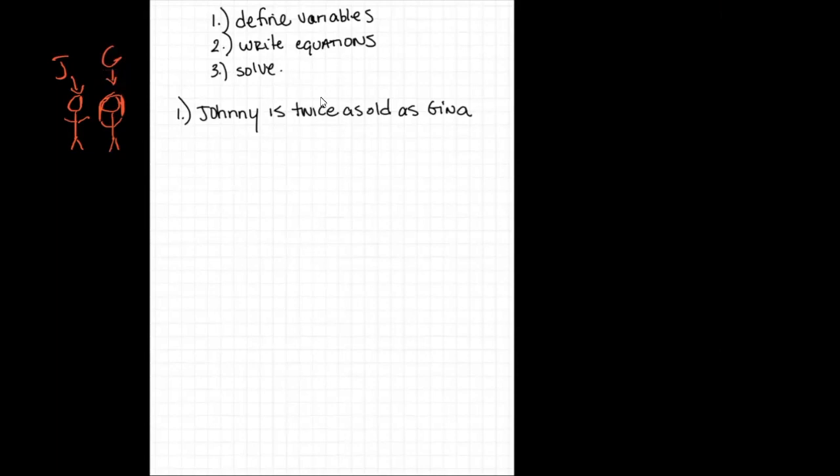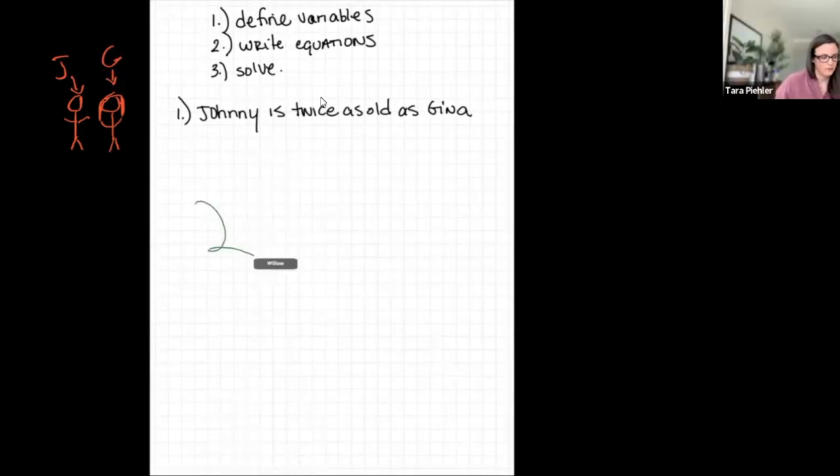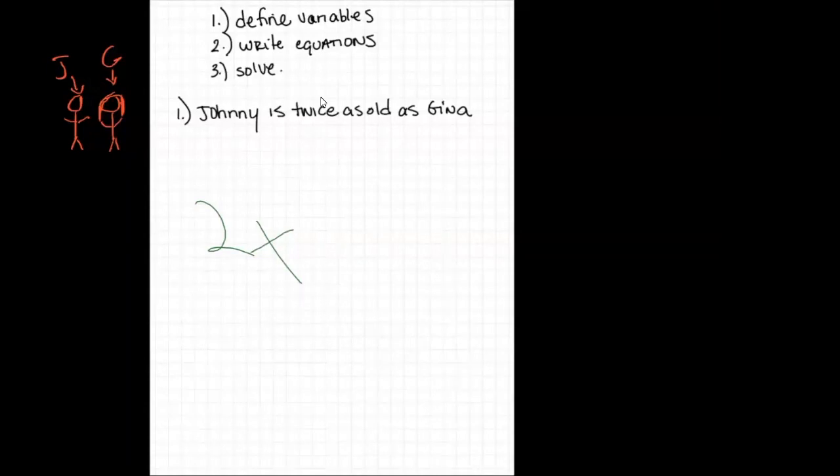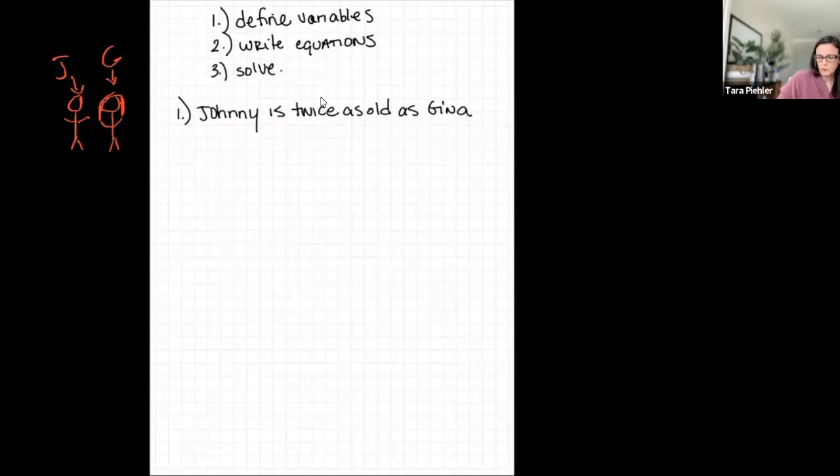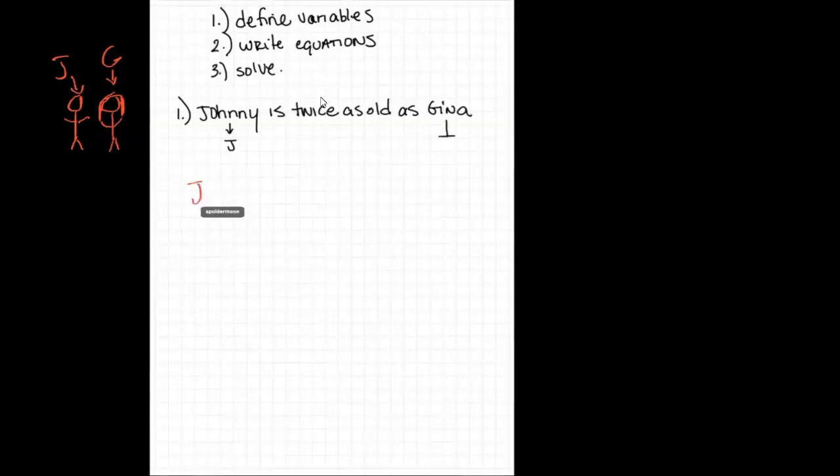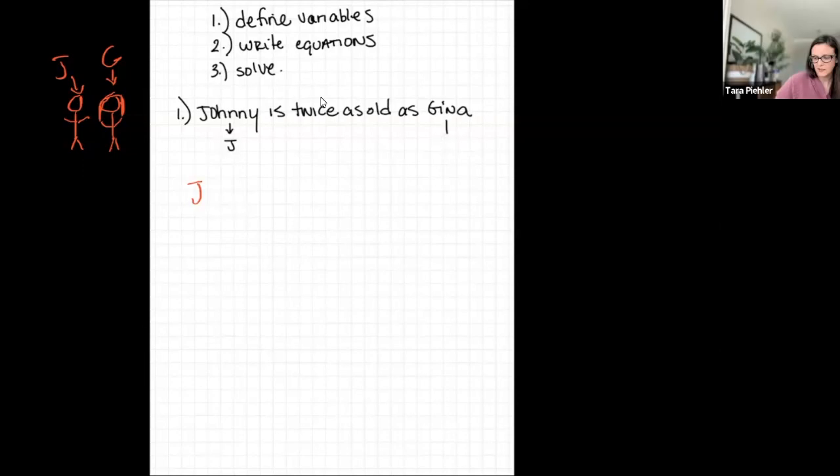First, we're going to define our variables. Sure, we could do 2x. So first variable, what do you want to do? You want to make it a J? Grace did an X. And maybe we can do a G for Gina. That's pretty easy, right? Maybe that could be Y if we wanted to.